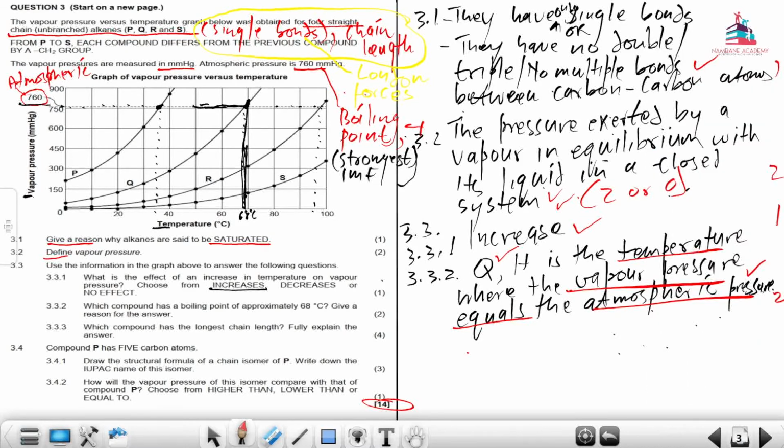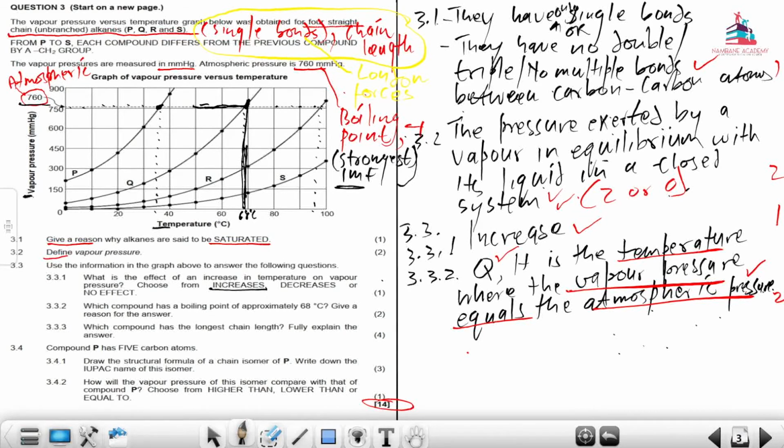I feel that we understand what is expected from us. So let's go to 3.3.3. Which compound has the longest chain length? Fully explain your answer. I think we have already done that, by the fact that we're able to identify which one has the strongest intermolecular forces.